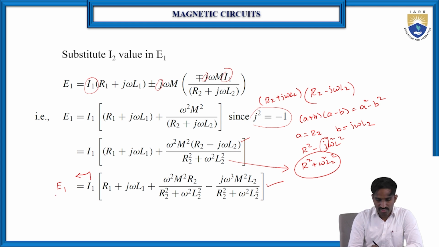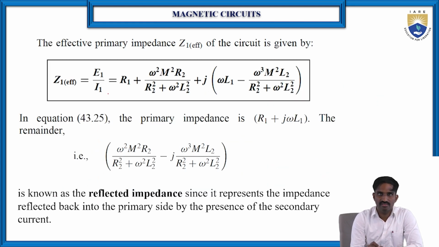So it will become E1 by I1, which is also called the effective primary impedance, usually represented as Z1 effective, which is equal to R1 plus, because we have separated the real and imaginary terms, the real term omega square M square R2 by R2 square plus omega square L2 square, plus j into the imaginary term omega L1 minus omega cube M square L2 by R2 square plus omega square L2 square. This is called the effective primary impedance.